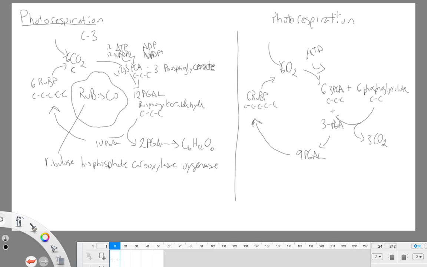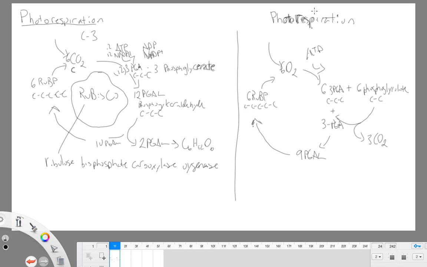So given the inefficiency of this process, people wonder, why is this even around? Why did this evolve? Why is it still present in our plants? And there are a number of theories. Photorespiration might be a legacy of the evolution of photosynthesis way in the past.